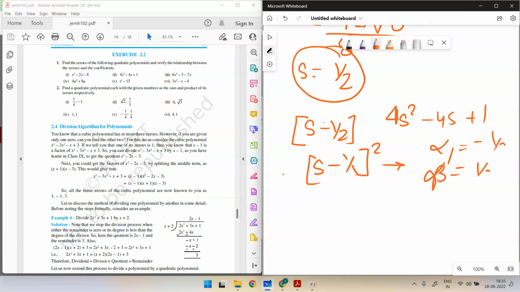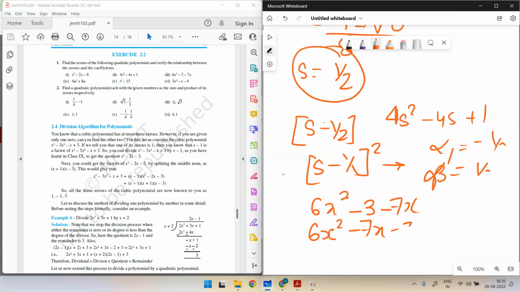Now the third is 6x squared minus 7x minus 3.